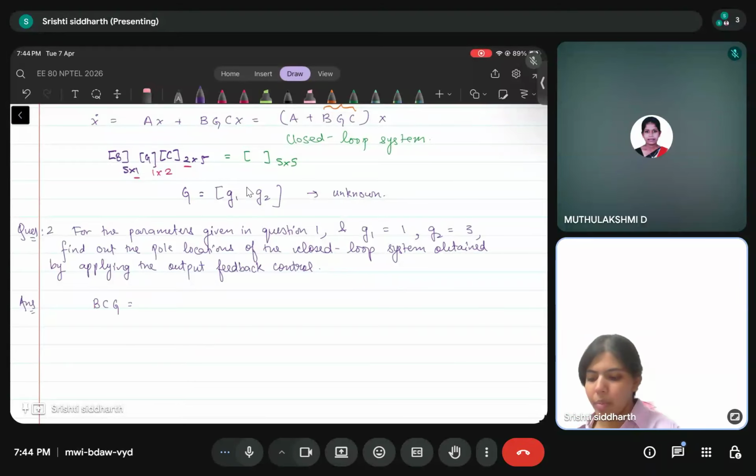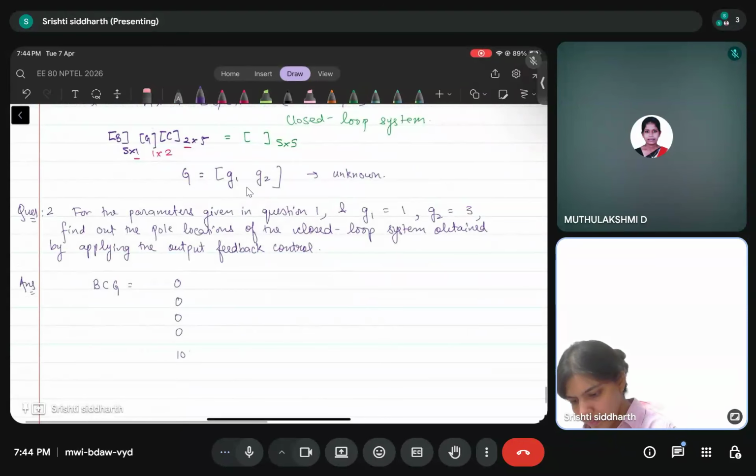B has the only non-zero entry in the last column. So we have 1, 2, 3, 4, and KM was 0.001, so it's 10 to the power minus 3. So it says BGC.